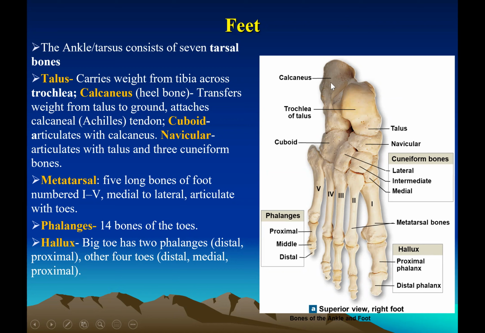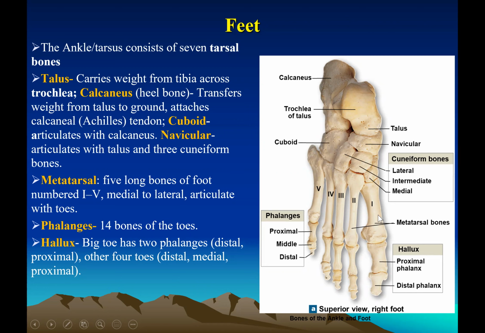It is attached to the Achilles tendon here, the famous Achilles tendon, the Greek. Cuboid will articulate with the calcaneus. The navicular will articulate with the talus, and there are 3 cuneiform bones, lateral, intermediate, and medial.